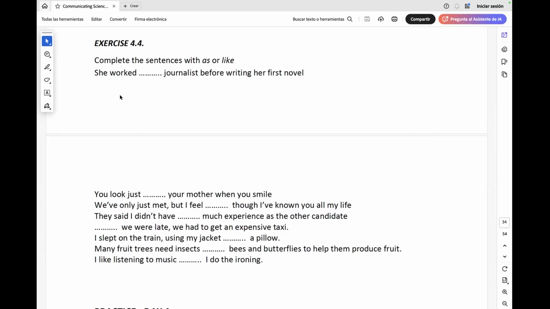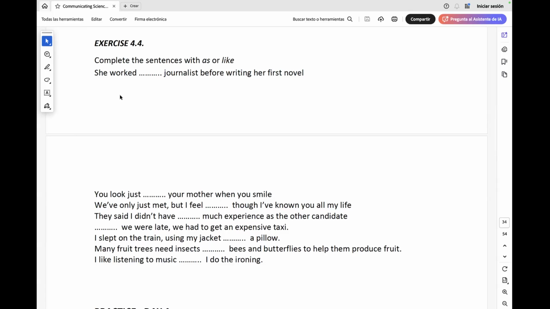For example, she worked as or like a journalist before writing her first novel. What do you think is the correct answer? So she worked as a journalist, right? Ella trabajaba como una periodista.